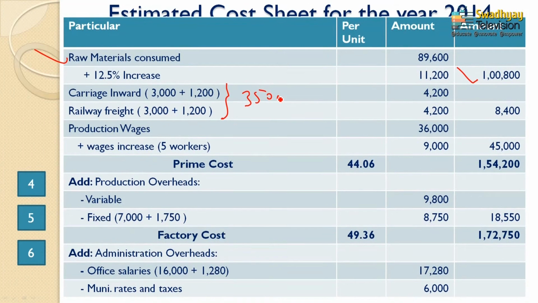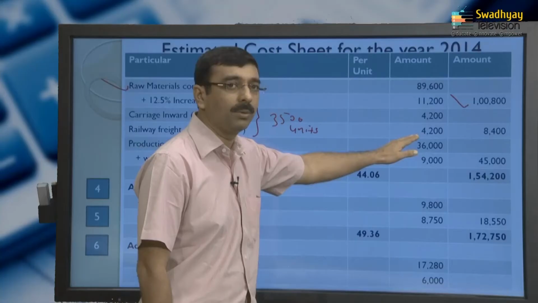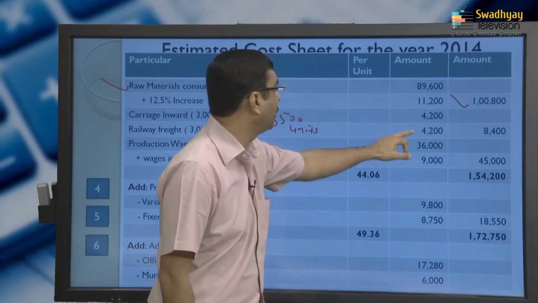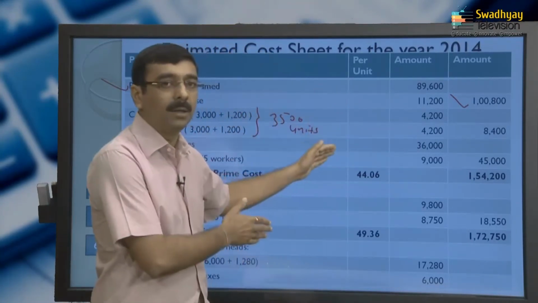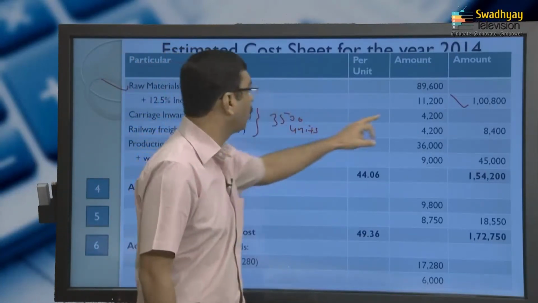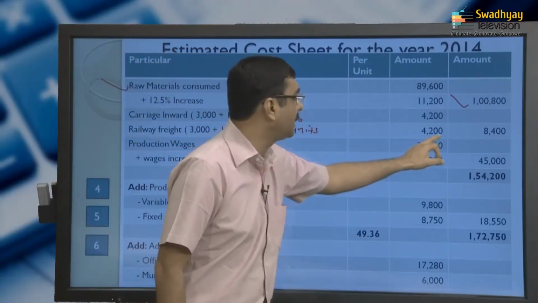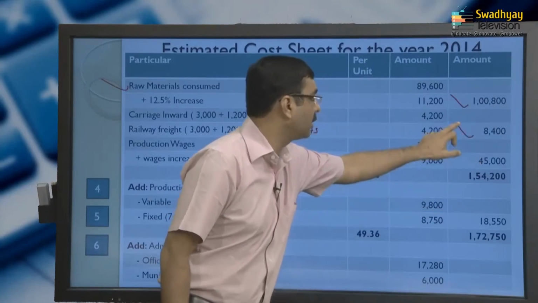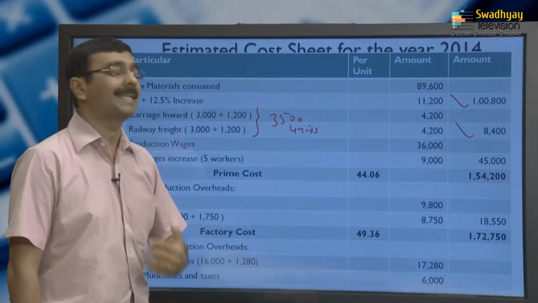Earlier they were manufacturing 2,500 units. On the basis of that we find out the change, that is 4,200 rupees each. Carriage inward would be 4200 rupees and railway freight is also 4200 rupees. Both would be recorded here in this inner column. This is part of prime cost and part of the raw material consumed, so it would be added into the raw material consumed, 4200 rupees each. In the outer column it's 8400 rupees. This is your raw material purchase expenses.